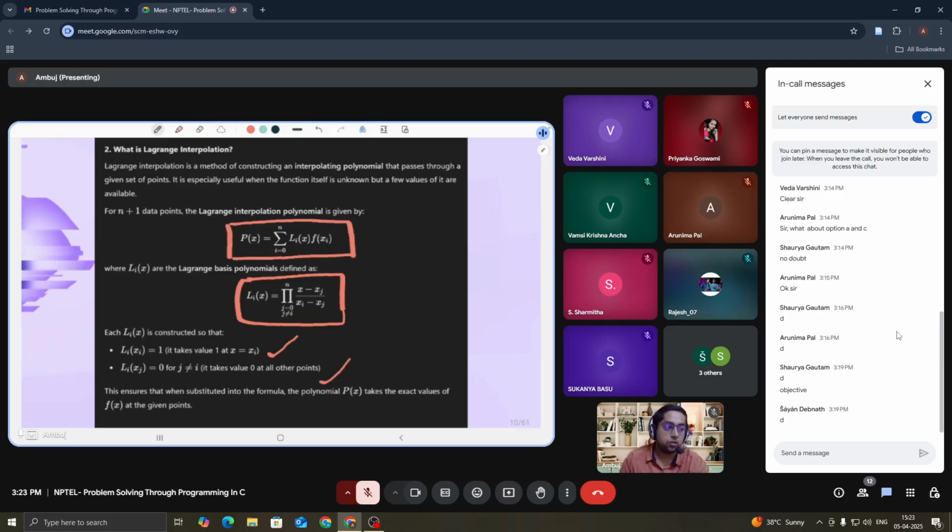These two are the limiting conditions that you have to keep in mind. This ensures that when substituted into the formula, the p of x takes the exact values of f of x at the given points.